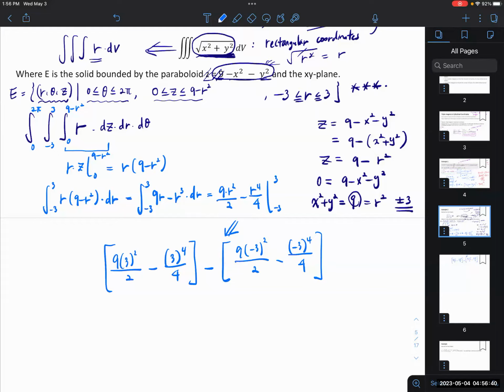So this one minus the entire next one: 9 times (-3) squared divided by 2 minus (-3) to the 4 divided by 4.